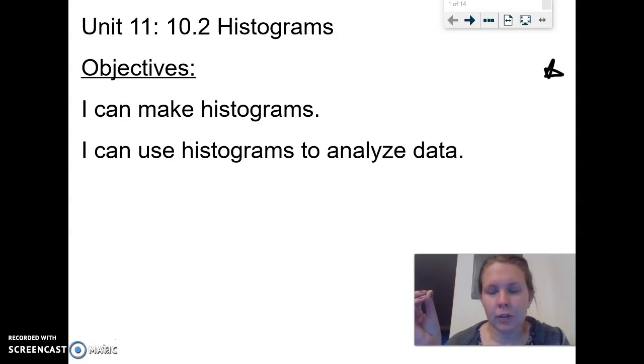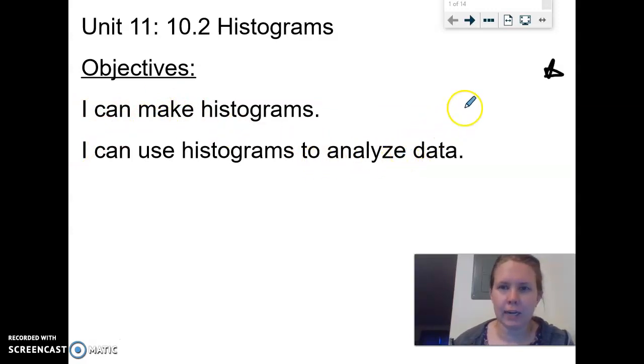They look a lot like bar graphs, but the way they're different is they use a frequency. For instance, you had a score from 230 to 235, and anyone who fell in that range was added into that bar. So that's basically what a histogram is. Our objectives are: I can make histograms and I can use histograms to analyze data.